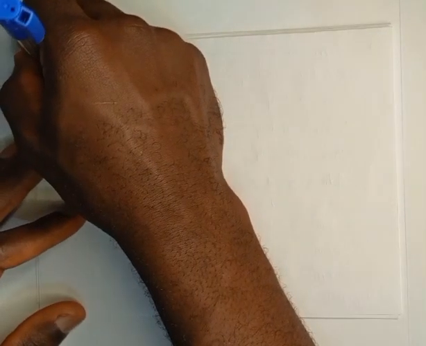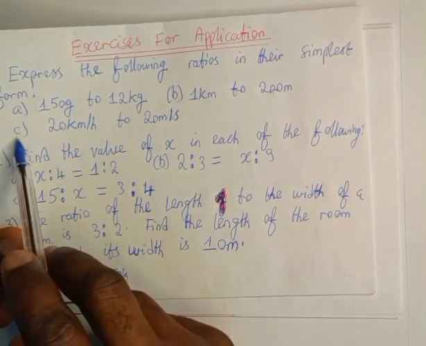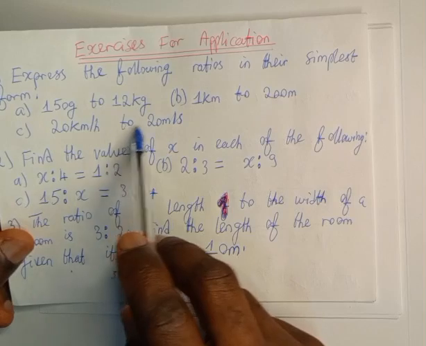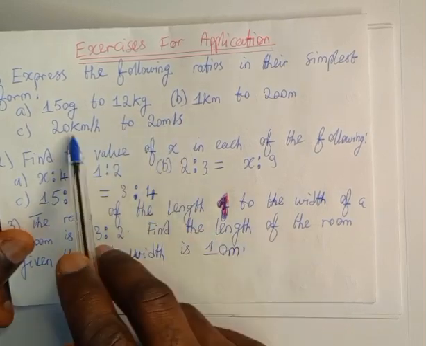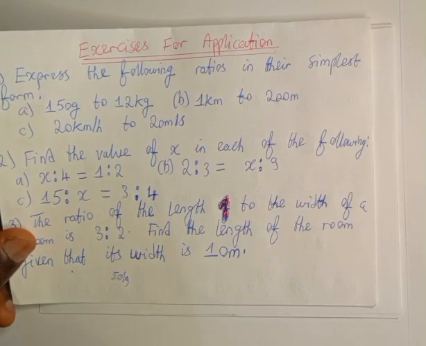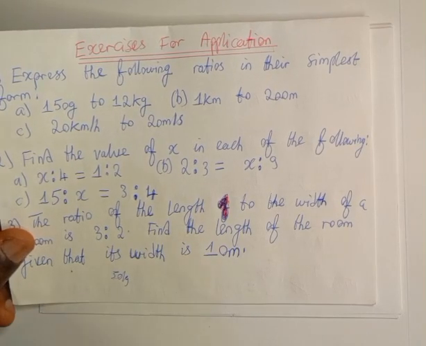Go now to question C. For question C, we have 20 kilometers per hour to 20 meters per second. Kilometers per hour and meters per second are all units of measuring speed.